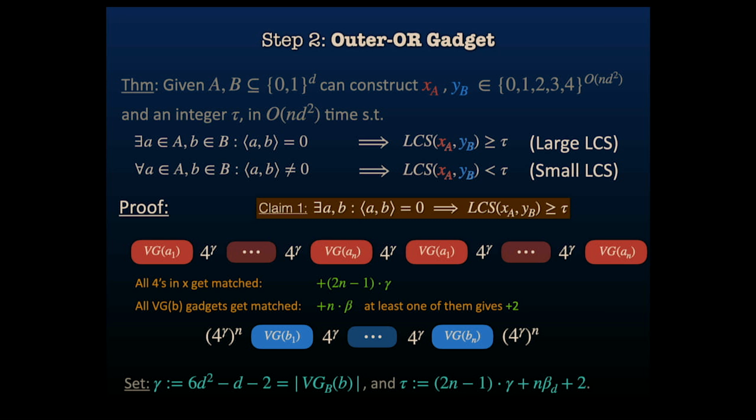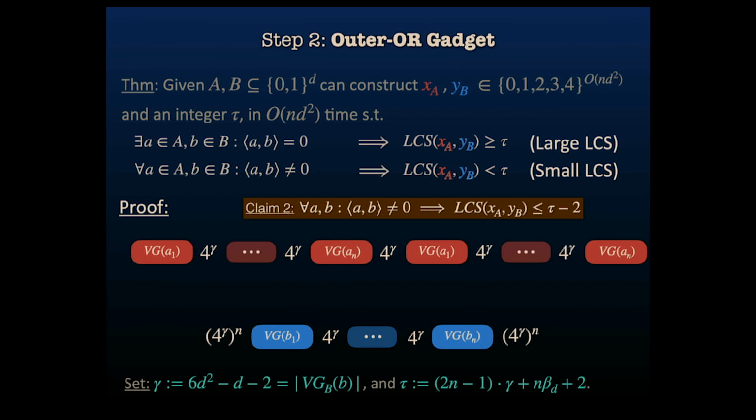So the score is exactly this. This is from the fours, and this is from the gadgets. Okay, so this is the first direction. And then now in the second direction, let's assume that they're not orthogonal. So no matter whatever pair I match, I will only get beta. I cannot get more than beta. Question?